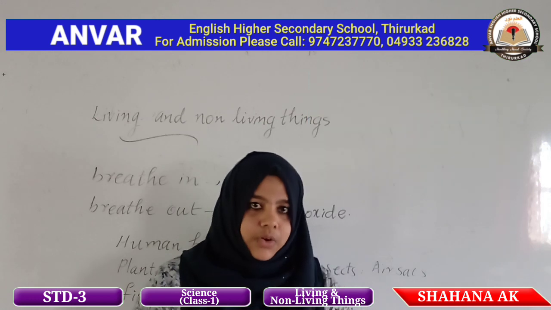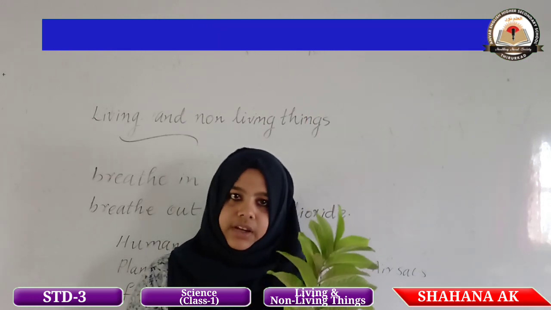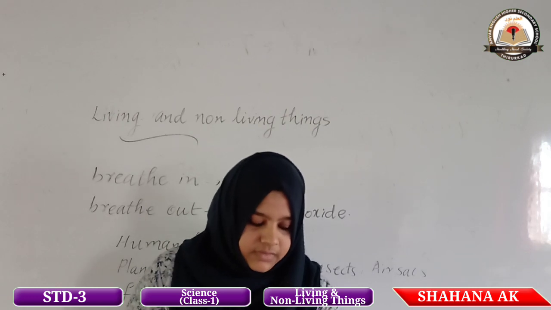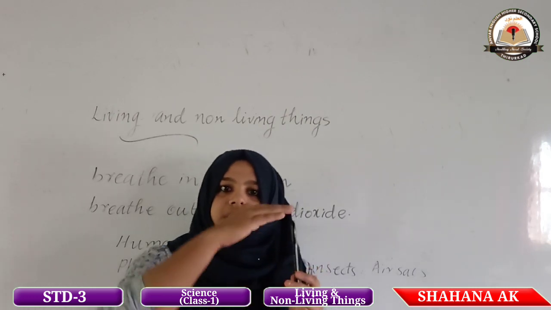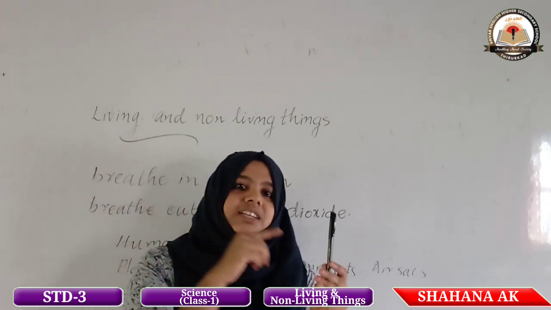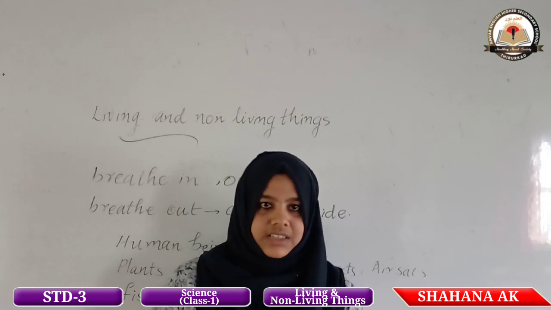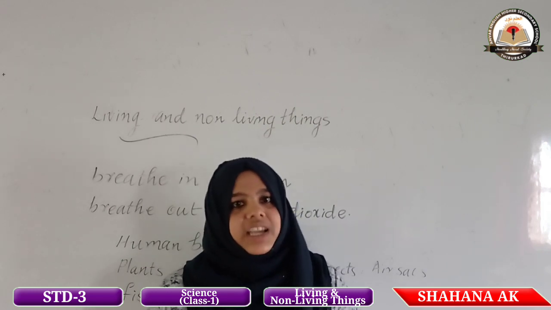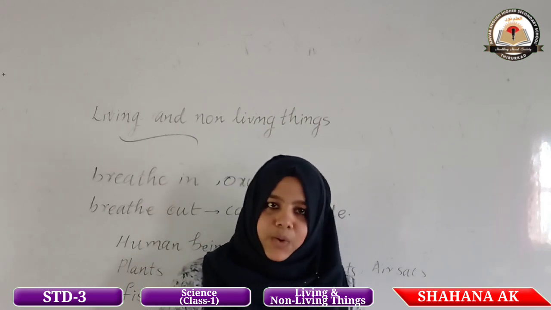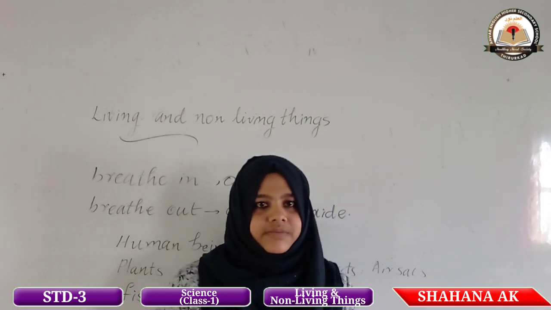So we are also growing, and plants are also growing. But does this pen grow? No. Why? It is a non-living thing and we are living things. So that's the second speciality. Living things grow. Non-living things do not grow.